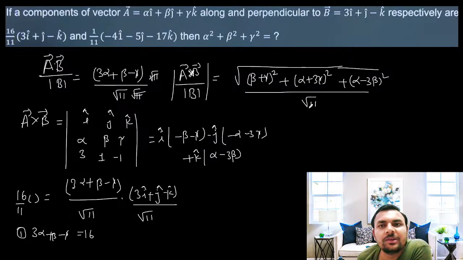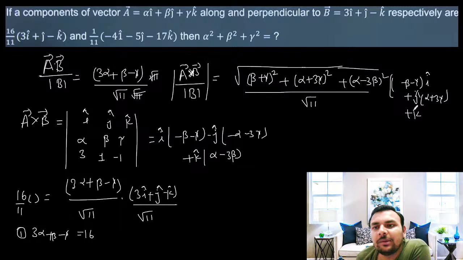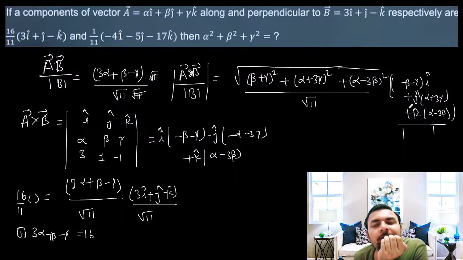Cross product is this thing: minus (beta plus gamma) i cap plus j cap (alpha plus 3 gamma) plus k cap (alpha minus 3 beta) upon mod. So upon mod, this is the mod only. So mod cancels.